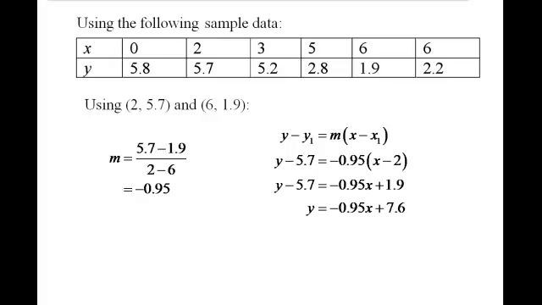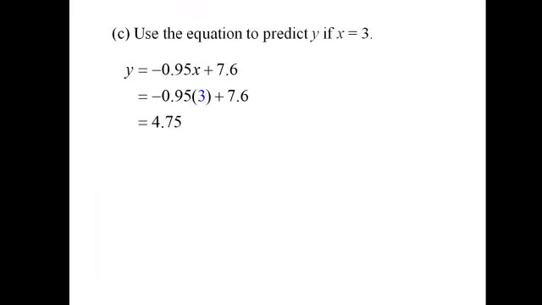So now that we have the equation of the line, we can use this equation to predict the value of y when x equals 3. So we take our equation y equals minus 0.95x plus 7.6. We plug in x equals 3, and we get y equals 4.75.